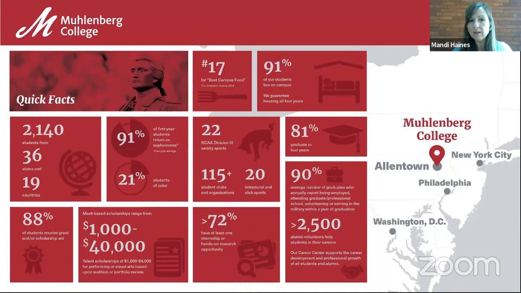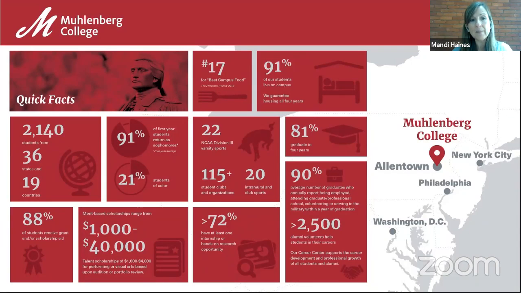As a liberal arts institution, Muhlenberg has 38 different majors and 35 minors. Our top majors are theater and dance, business, neuroscience, psychology, and biology. So whether you're interested in the arts or the sciences, there are great opportunities for students at Muhlenberg. We are a small college, as I mentioned.